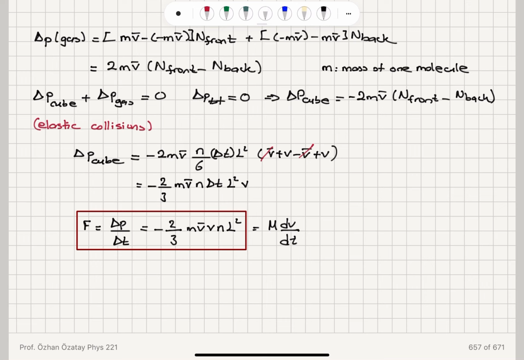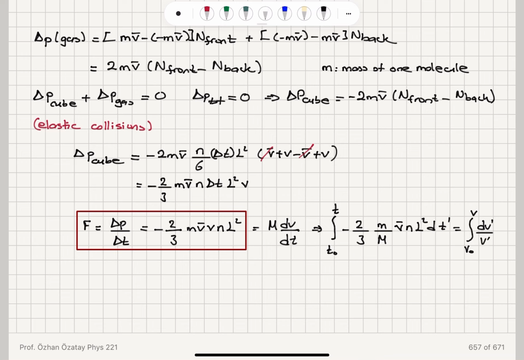So using this equation of motion, this is equal to m dv/dt, integrating it from time t0 to t: minus 2/3 m divided by capital M, the mass of the spacecraft, V bar n L square dt prime is the integral from V0 to V of dV prime divided by V prime.